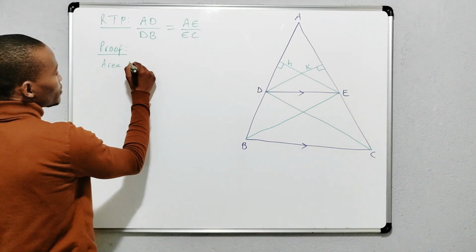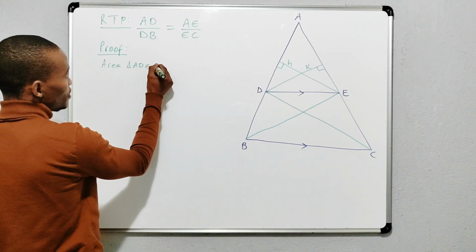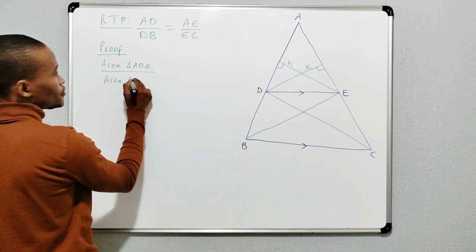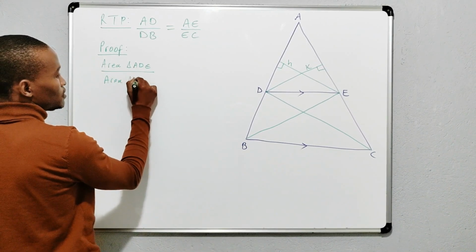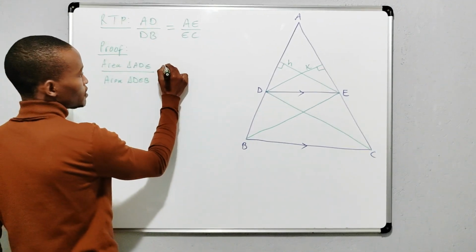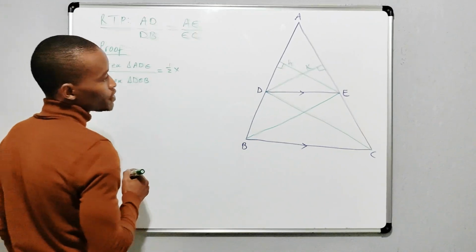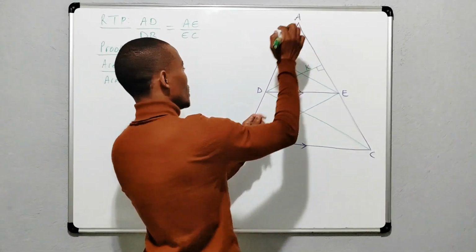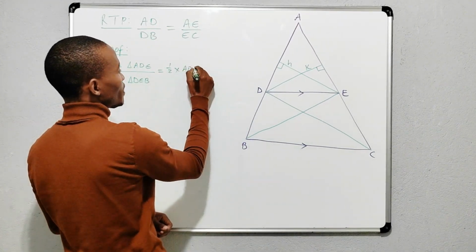Okay, area of triangle ADE over area of triangle DEB is equal to what? This is half times what is the base for ADE? The base is AD. Okay.